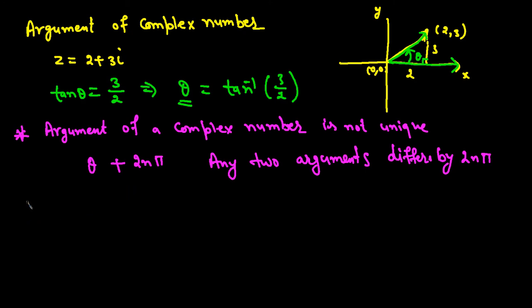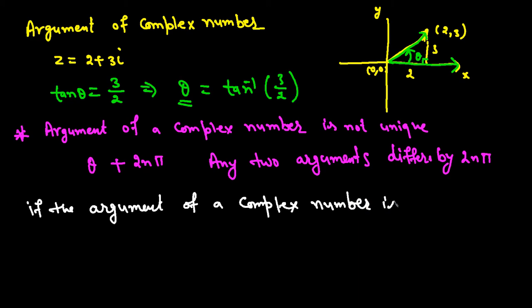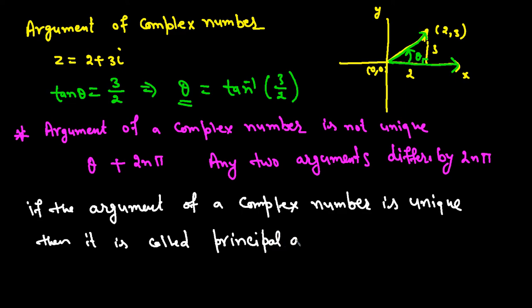Okay, and if the argument of a complex number is unique, then it is called the principal argument, also called the amplitude, because the value is not changing.